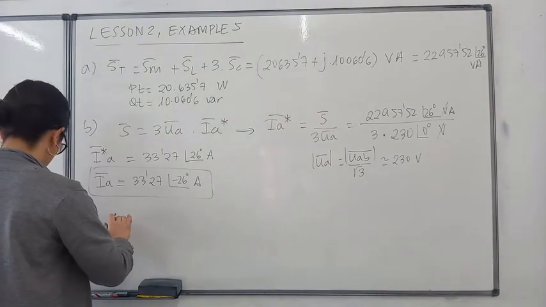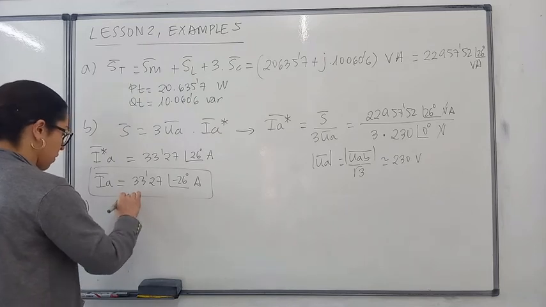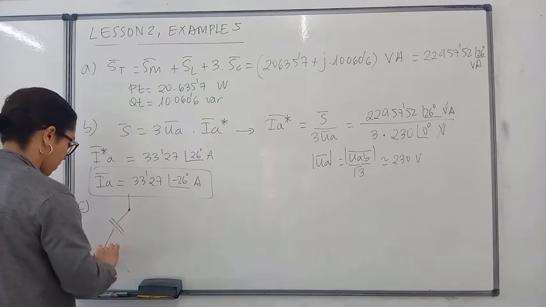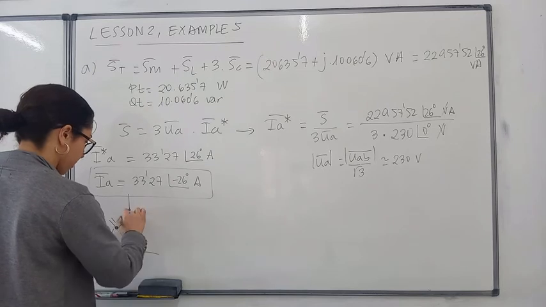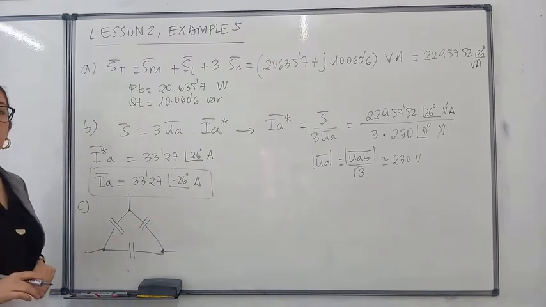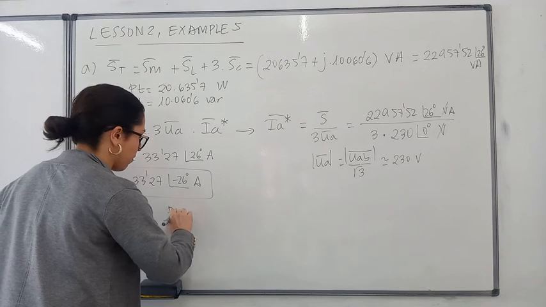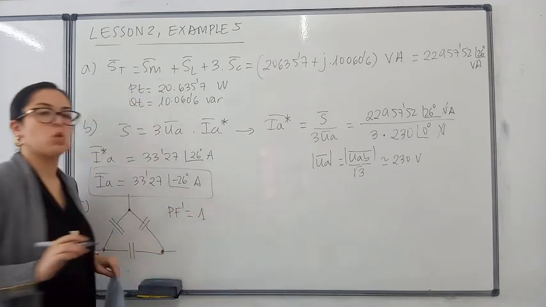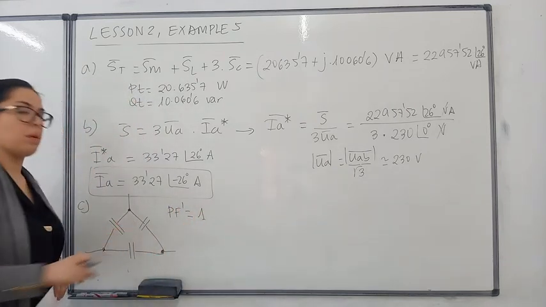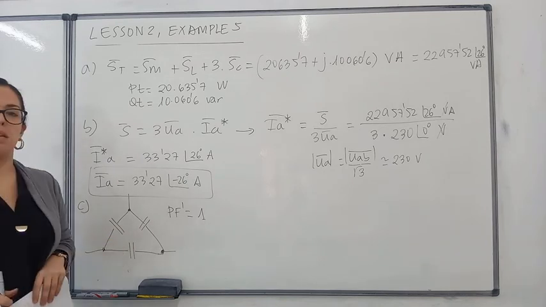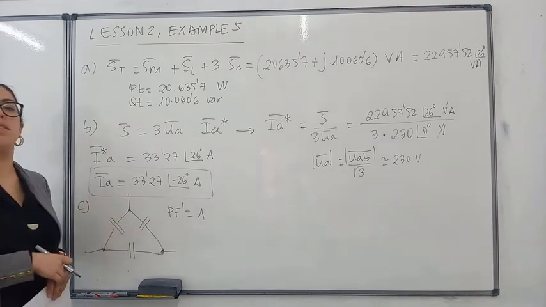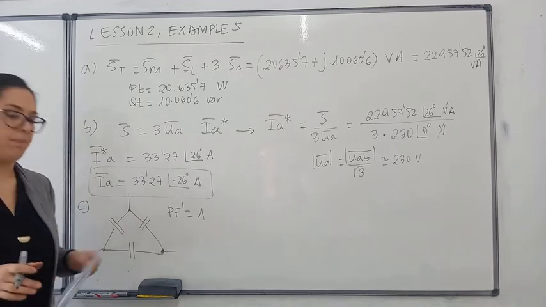In question C, they say that we need to connect a bank of capacitors in delta, and that we want the final power factor to be equal to 1. We need to know the capacitance of each of these capacitors connected in delta.